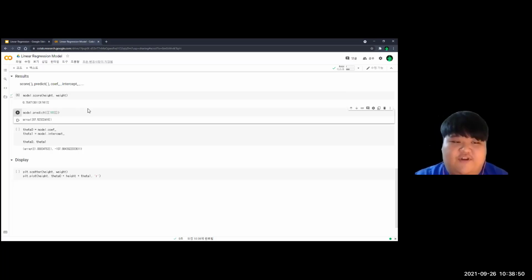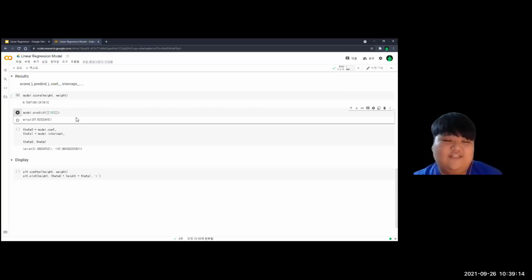This is .predict. So it is obvious what this is going to do. This is going to predict the y value based on a given x value using our model. So as you can see, if we put 103 centimeters as an input, then this returns 87.52 kilograms as an output.